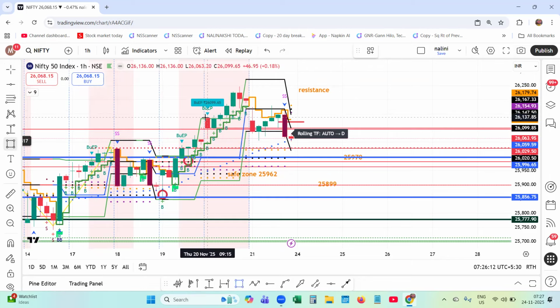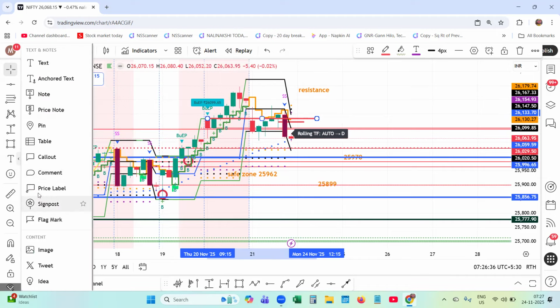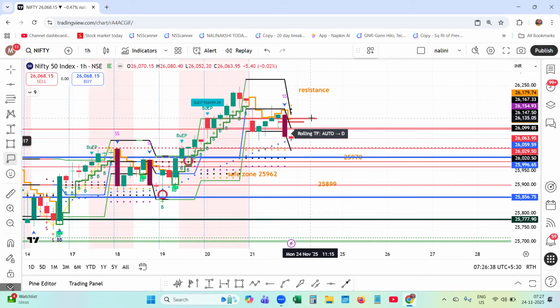At present, where the bullish episodic pivot is formed, a line is not formed over here. From there, price has moved down and price has flipped down. This is the immediate resistance, this is the level, 26,130. Let me take the price label and put it over here.